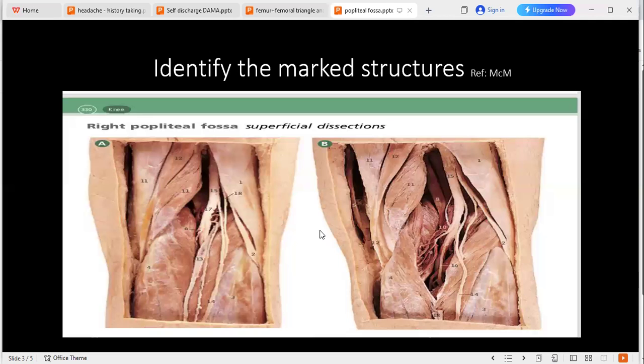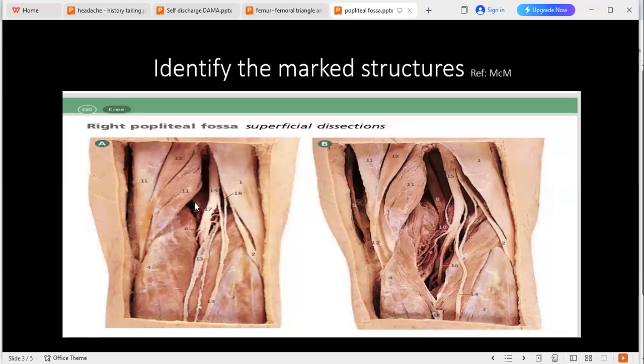Right, please identify structures, if you can identify 15 over here, please. Yes, it's popliteal artery. Okay, please identify number 12. Semitendinosus muscle.